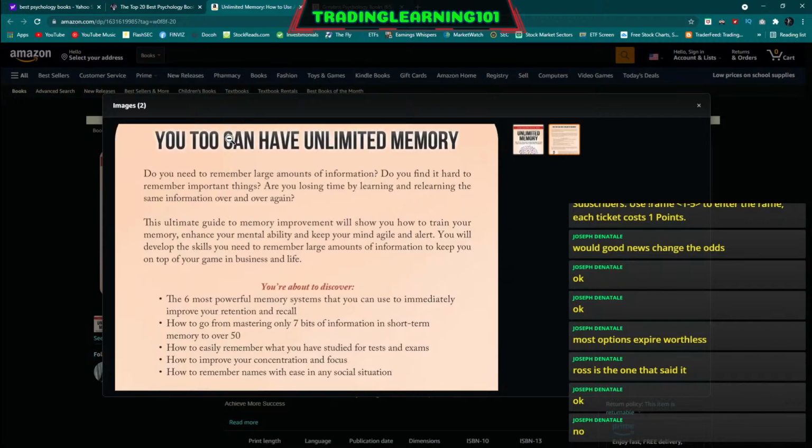Do you need to remember large amounts of information? Do you find it hard to remember important things? Are you losing time by learning and relearning the same information over and over again? The ultimate guide to memory improvement will show you how to train your memory, enhance your mental ability, and keep your mind agile and alert. You will develop the skills you need to remember large amounts of information to keep you on top of your game in business and life.